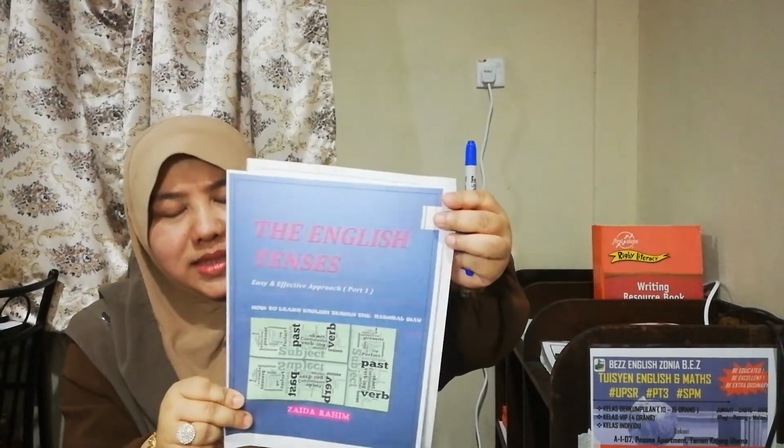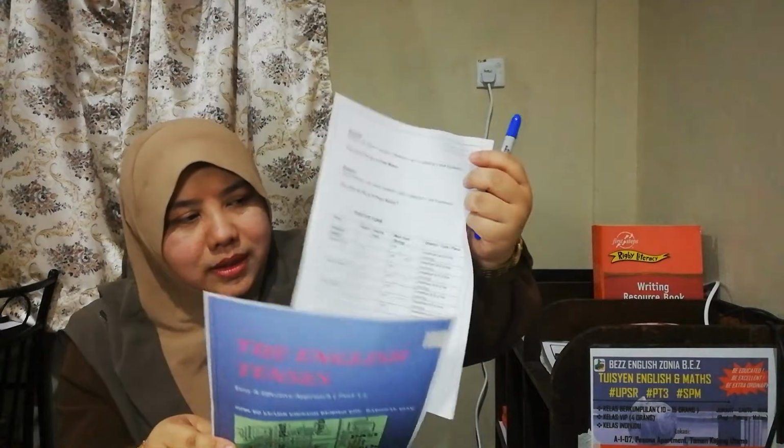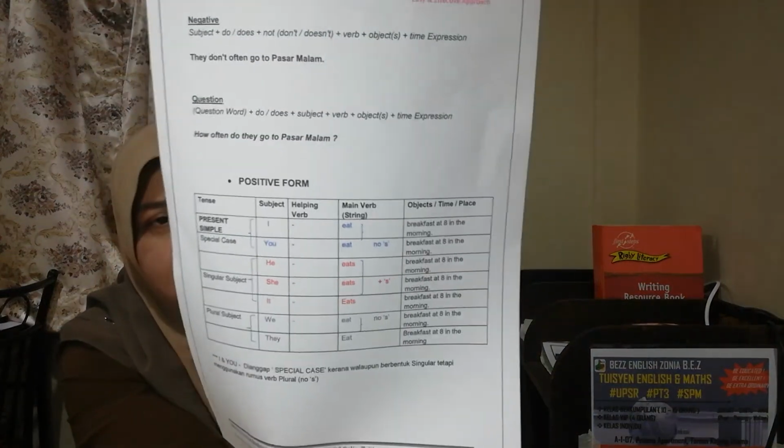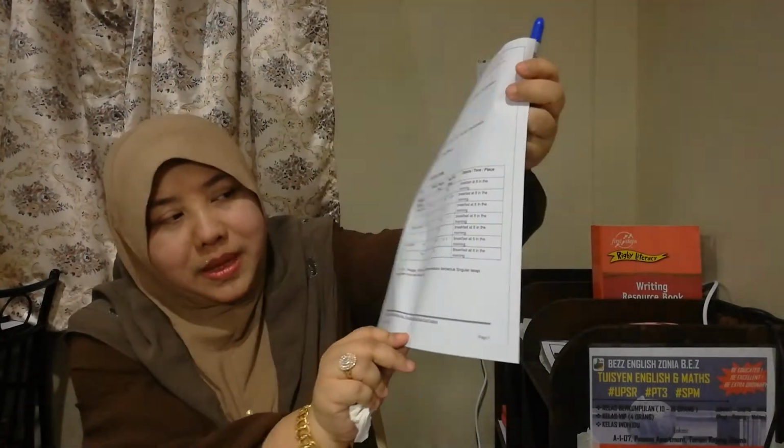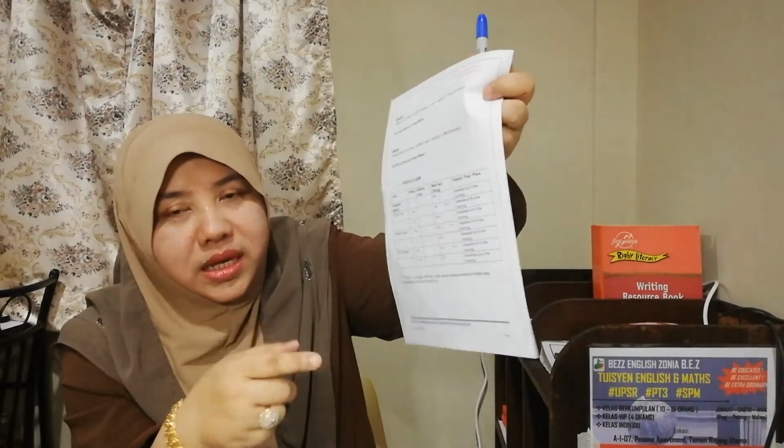But this is also a favorite of many, because teacher gives it in a simple way, putting it in boxes, in table form. For those who have problems, you just drill your children or yourself by filling up the table.